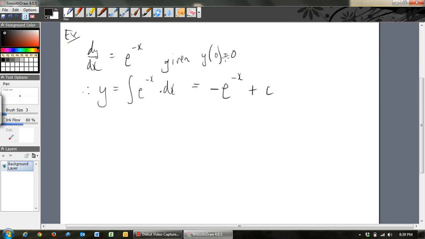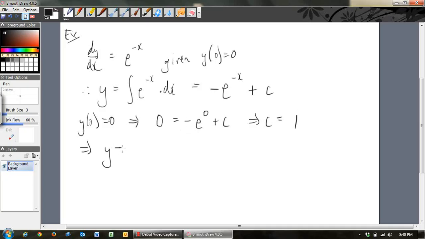That's your general solution. But what we can do is use this condition here to find out what c is equal to. So y(0) equals 0. That means that 0 equals negative e to the power 0 plus c. e to the power 0 is 1, and so therefore we'll get negative 1 plus c, so c is equal to 1.